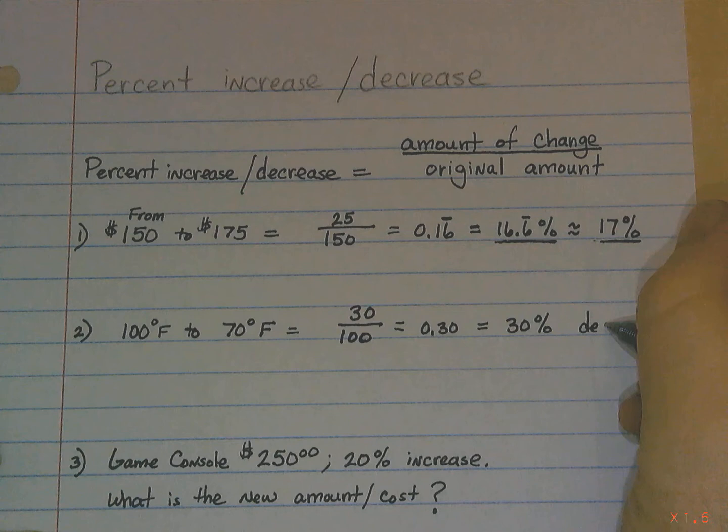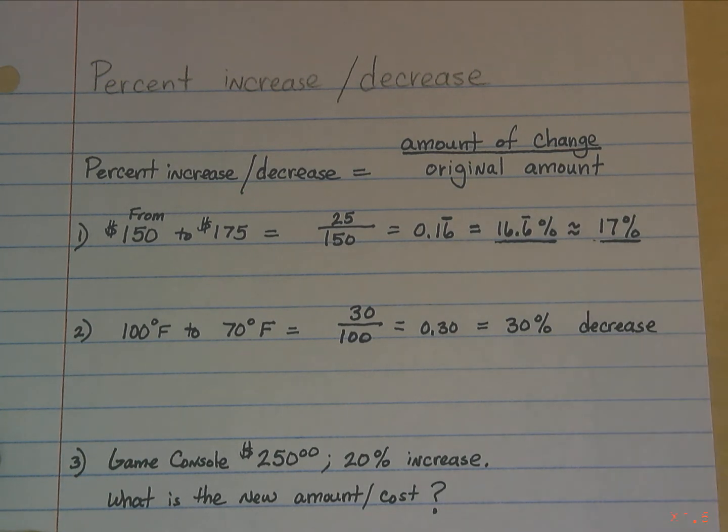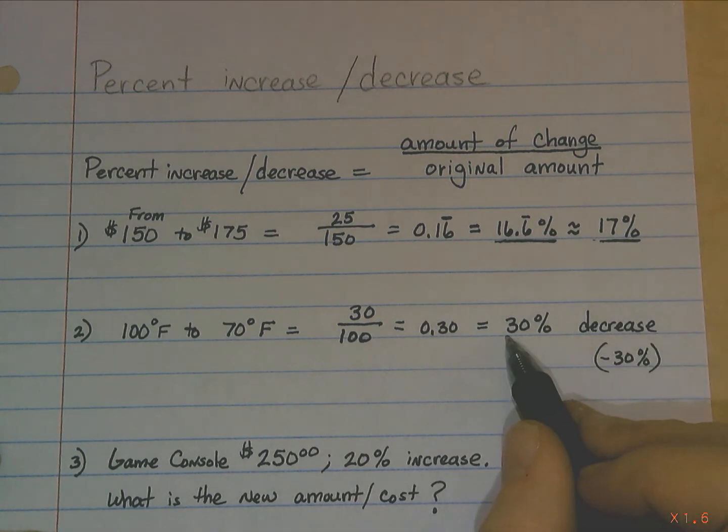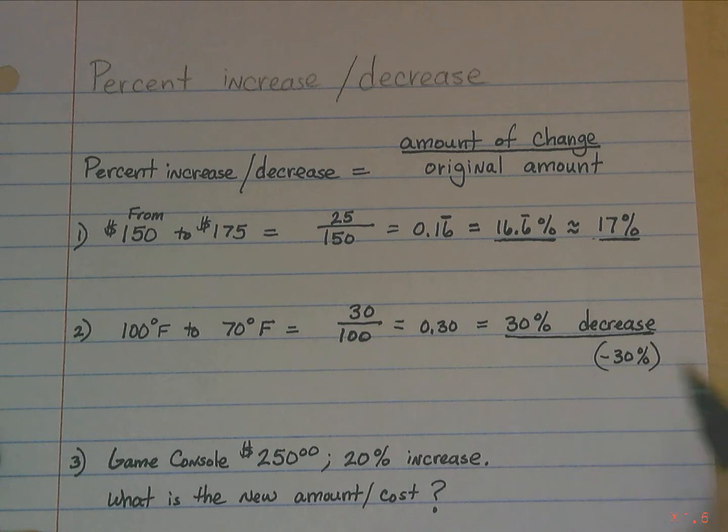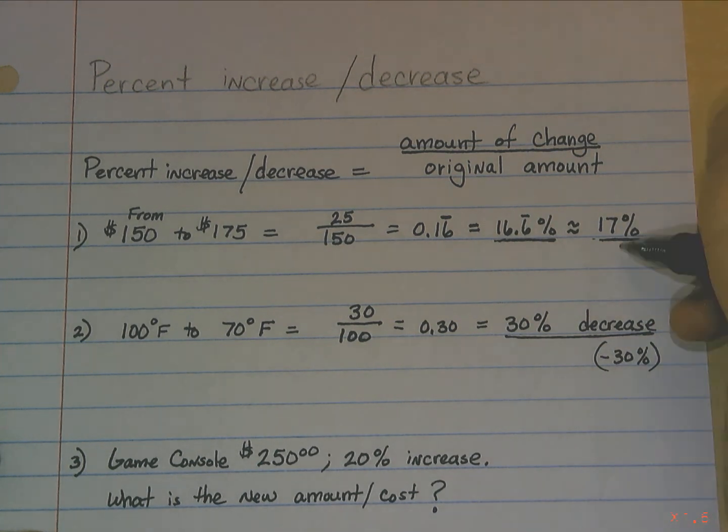Let me go ahead and put decrease down. Some would probably notate it like this, minus 30%, because it's a drop of 30%. But either way, you can say 30% decrease or minus 30%. Same thing here, you could say 17% increase, because this is an increase, right?